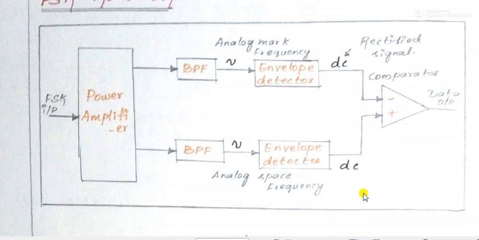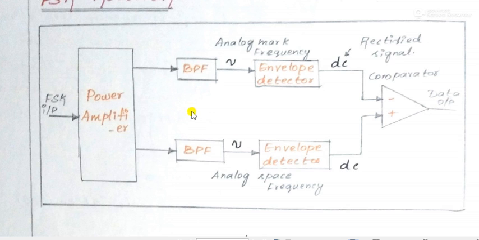FSK receiver. And see here, the FSK input is given to the power amplifier. This type of FSK detection is referred to as non-coherent detection because no frequency is involved in the demodulation process that is synchronized, either in phase, frequency or both, with the incoming FSK signal. The FSK input signal is simultaneously applied to the input of both bandpass filters through the power splitter.